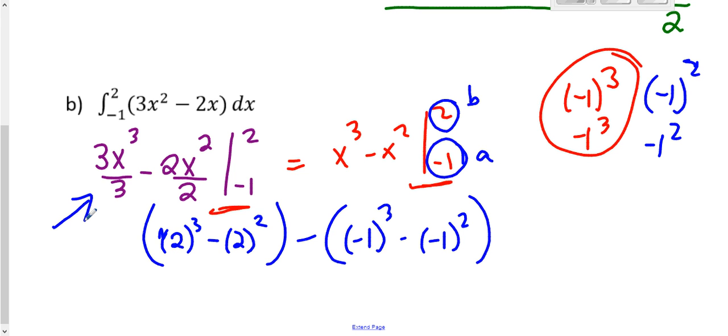If you really have the deep need, desire, you really want to keep going with this problem and get an answer, once you solve everything out, your final answer here is 6. Okay? But that's all you need to do. I just want to see your notation. I want to know that you know what to do, what to plug in, and you know how to write it. Because that's going to be the biggest thing that people are going to miss points on the FRQ is even if you know how to do the problem, you're not going to write it correctly. So we need to practice that notation.